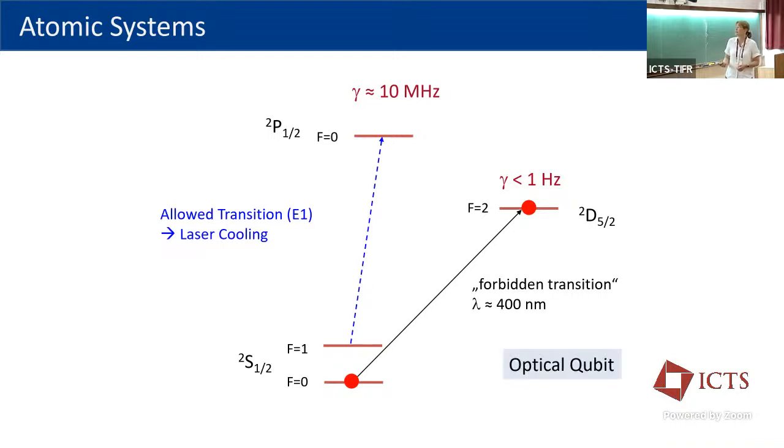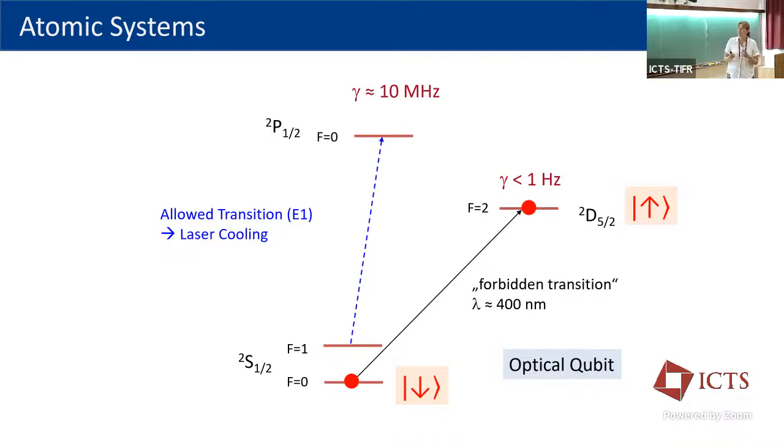But at the same time, you can also make this an optical qubit. People like Rainer Blatt in Innsbruck are doing this with calcium ions. They're exciting from the ground state to the excited state. This is now the pseudo spin of the atom flipping from down to up. And since the lifetime is very long, on the order of 1 second, you can also store the quantum information there, and you can make an entanglement, and you can really profit from these long coherence times.